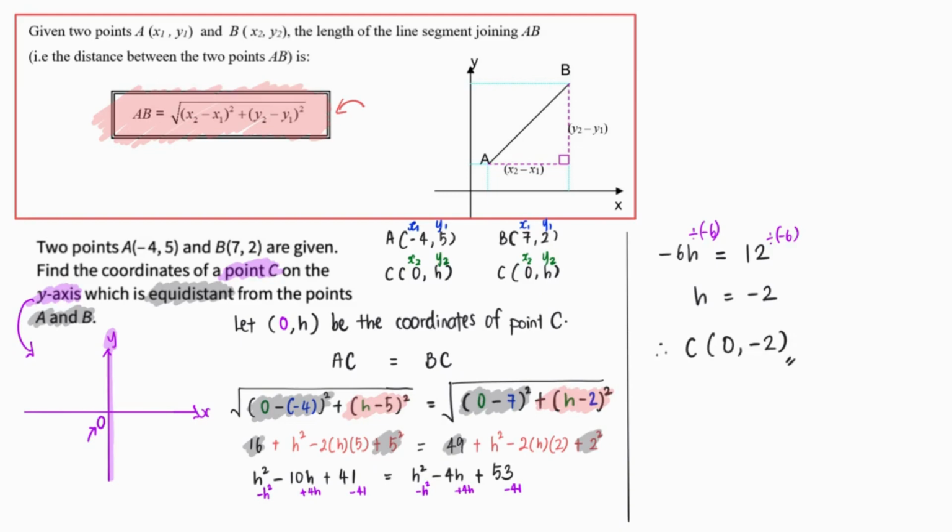So as you can see from this particular example, the very important piece of information that you need to know is that from this line, point C is on the y-axis, we are able to get the x coordinate of the point C. This is really important because we would then only need to find the y coordinate of this point C. And we could do that from the next piece of information, where they told us that point C is equidistant from points A and B. So that is where I apply the formula for the length of the line segment.